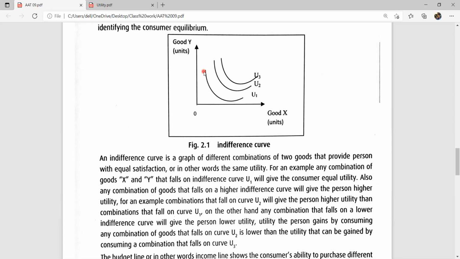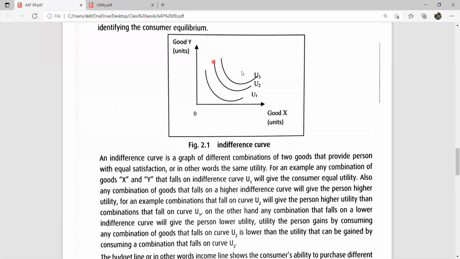Here, same principle, a rectangular hyperbola. So the curve doesn't touch the axis. And we can draw many utility curves, indifference curves here. Lower indifference curves, which are closer to the origin, give very little satisfaction. Upper ones give greater satisfaction to consumers.